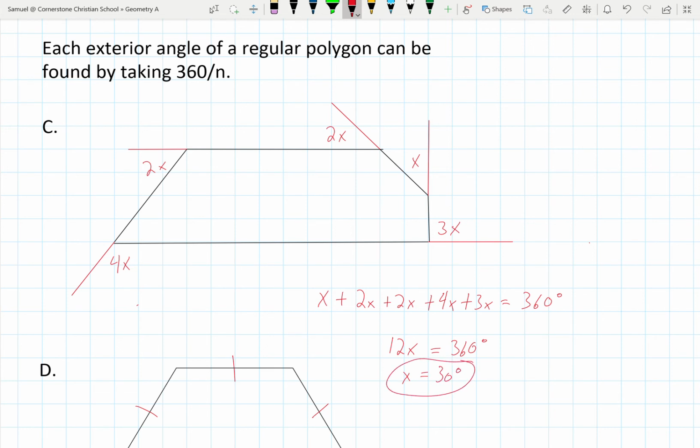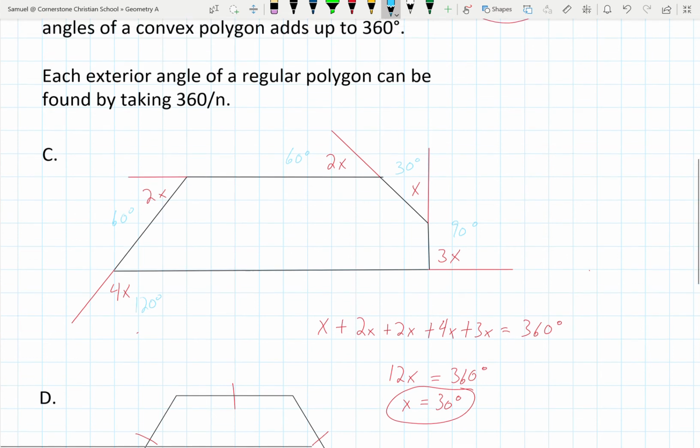If I were to plug this into each piece here, this would be 30 degrees, 60, 60, 90, and 120, and add all those up, and they would add up to be 360, as I was hoping. So again, all of the exterior angles, no matter how many sides a polygon has, 3 sides, 5 sides, 20 sides, are going to add up to be 360.